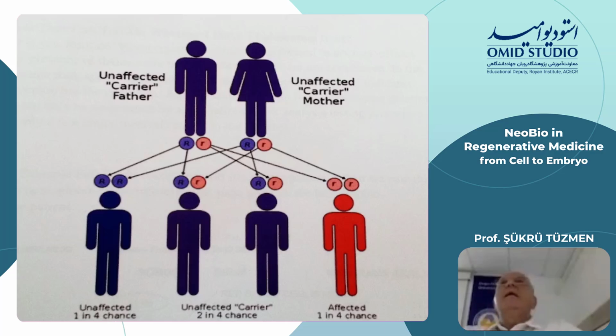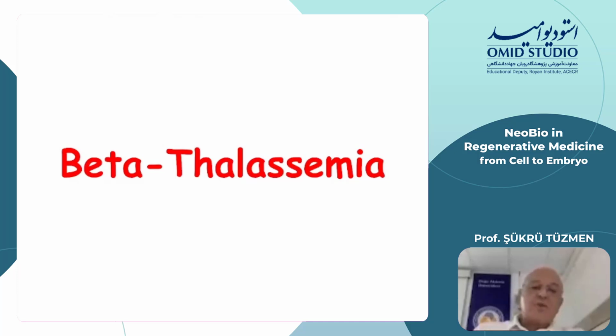The only problem may be an anemic situation, and that can be corrected by getting additional folic acid and iron, whatnot. Otherwise, if the kid is not sick, there is no need to go through any prenatal diagnosis. But again, for us to know whether somebody is going to carry this or not, we need to do the testing. And I did many of these testings while I was an MS and PhD student at Boğaziçi University.